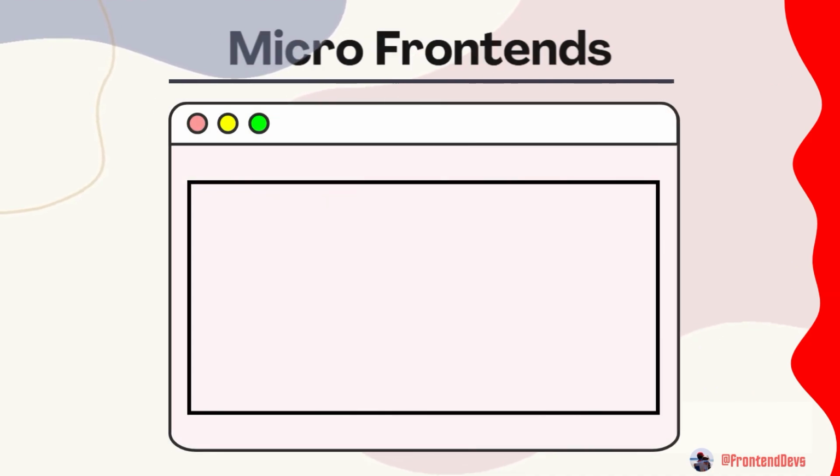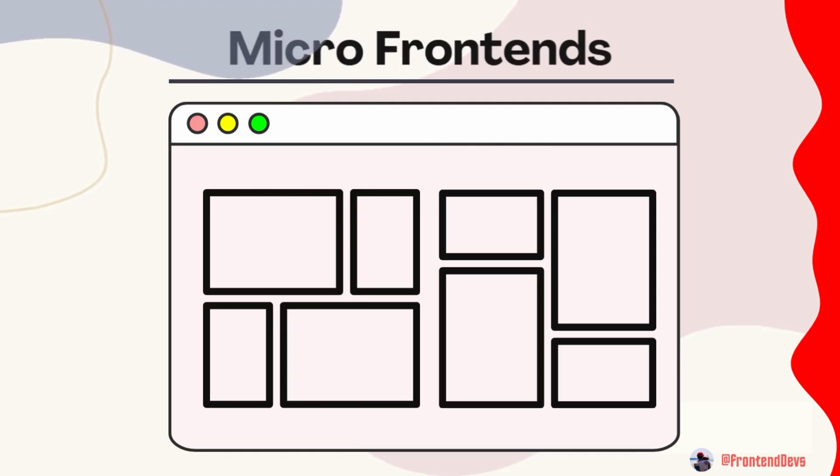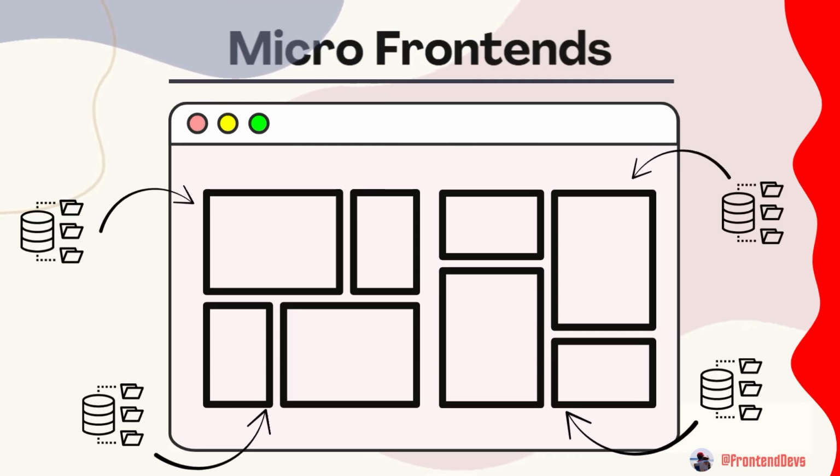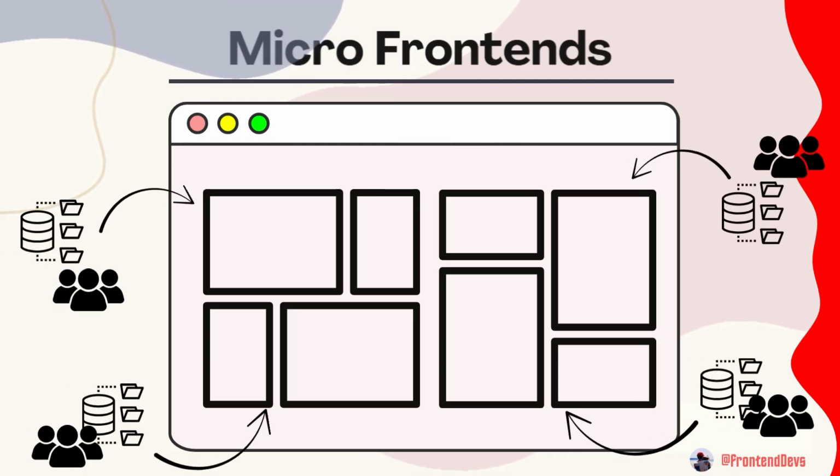Microfrontend is basically used to divide your large application with multiple functionalities into smaller independent applications. That means your large application is divided into multiple workflows, and those workflows act as separate applications. We can have a separate repository for each application. A separate team will work on those applications.